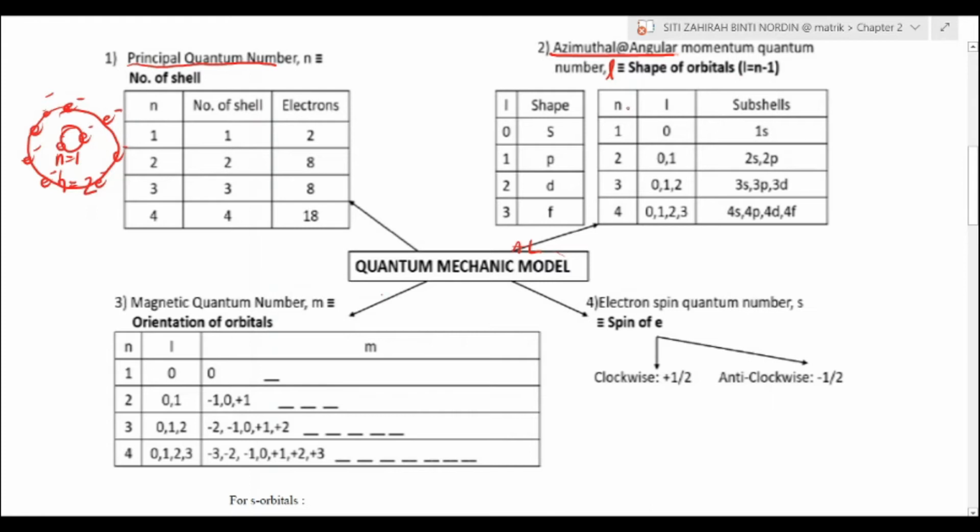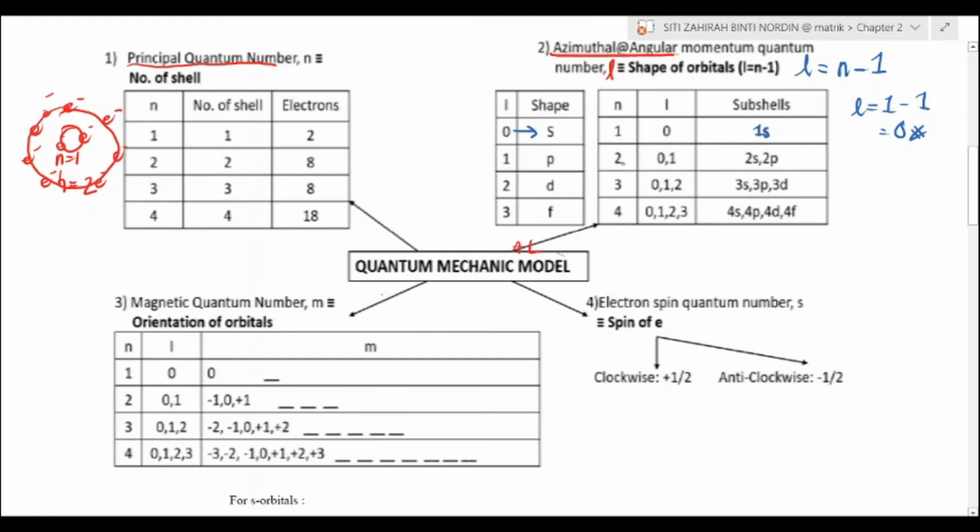In order to find your L, your n, which is your number of shell, must be minus 1. So when n equal to 1, your L must be 1 minus 1, which is 0. When L is 0, that is the S shape. So you've got 1s.